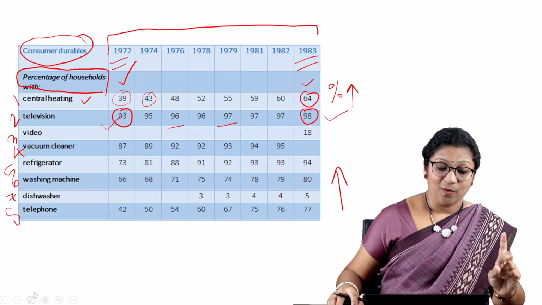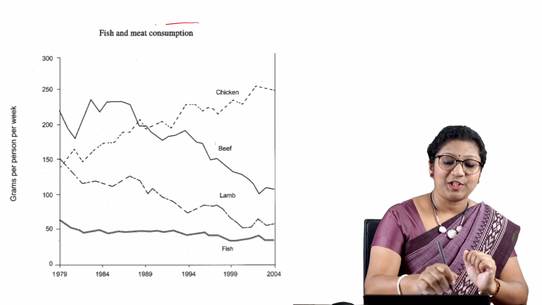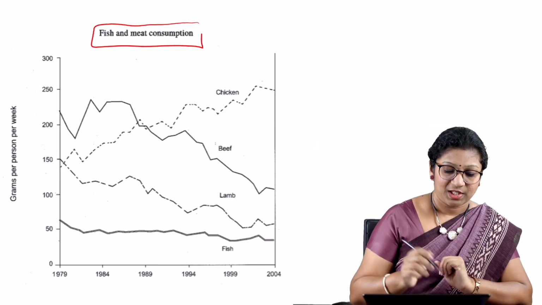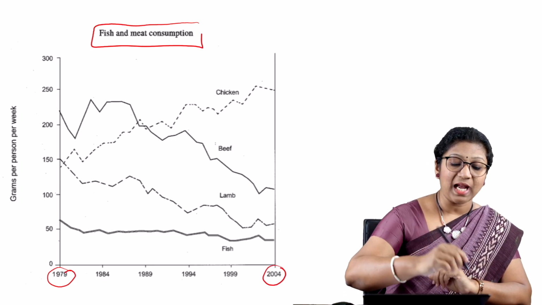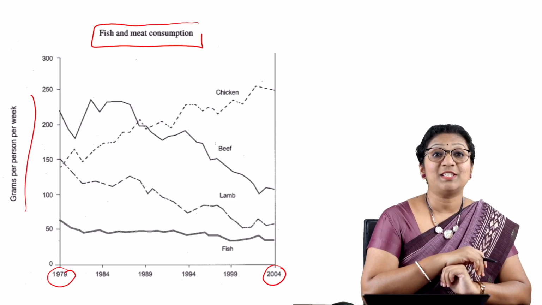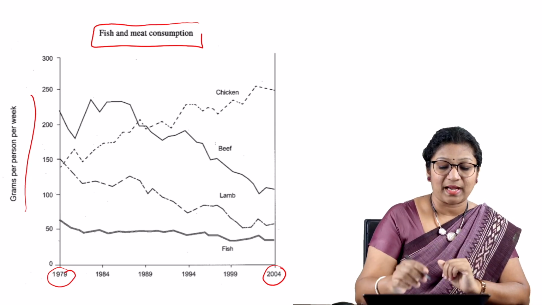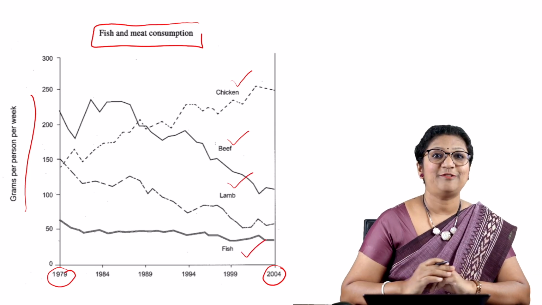Let's look at one more example. This is a line graph and it shows fish and meat consumption. You can see the years from 1979 to 2004. And on the y-axis, grams per person per week. What are the different meat items given here? We have chicken, we have beef, we have lamb and fish.